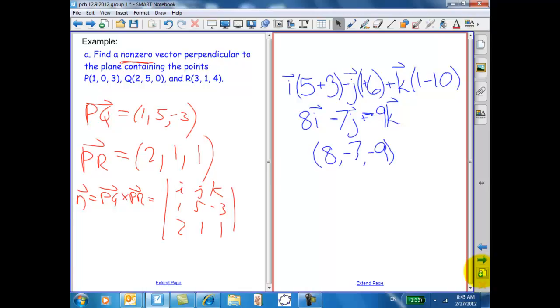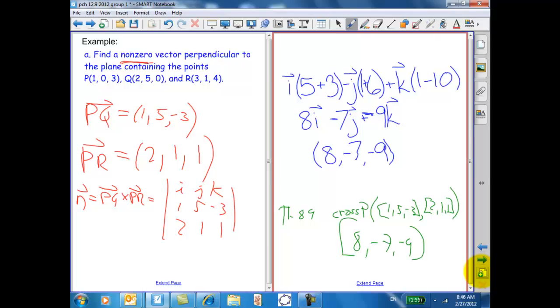Here's the TI-89 command: crossP, left parenthesis, bracket, 1, comma, 5, comma, -3, bracket, comma, bracket, 2, comma, 1, comma, 1, bracket, close parenthesis. The TI-89 says 8, -7, -9. You are exonerated, okay, Chris?